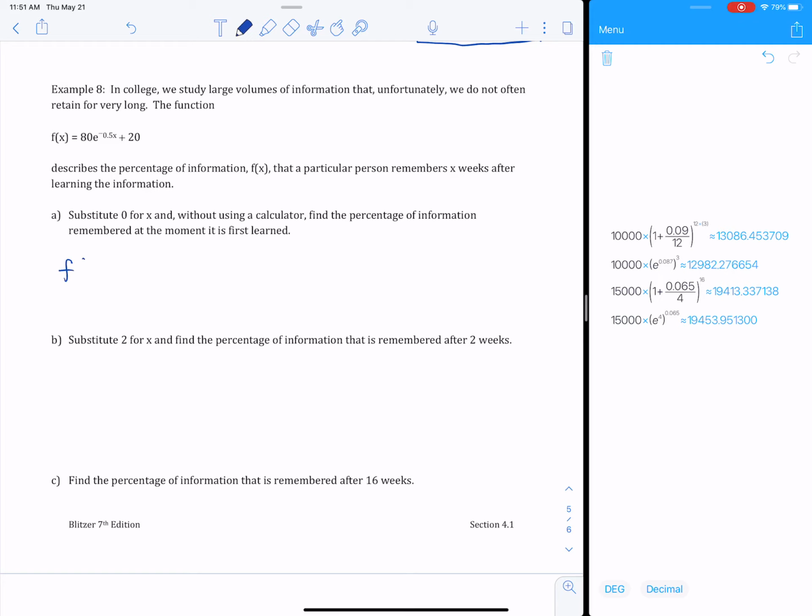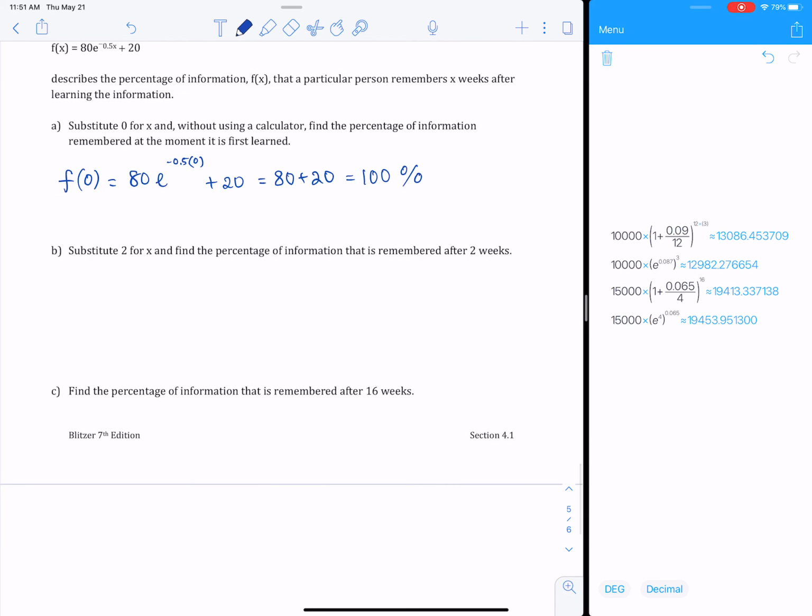Well, this is not hard to do because every number powered by 0 is equal to 1. So negative 0.5 times 0 plus 20, and e powered by 0 is 1, so f of 0, or at the first moment of learning, we remember 100% of the information.